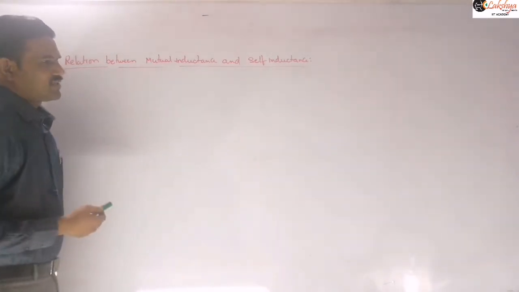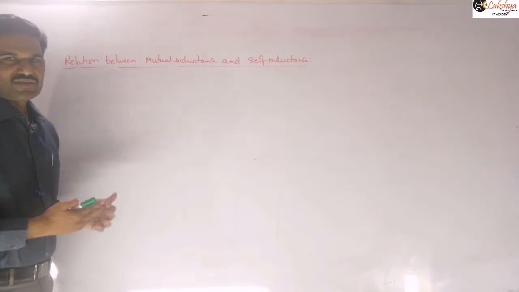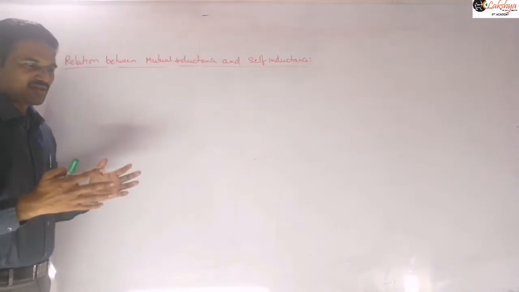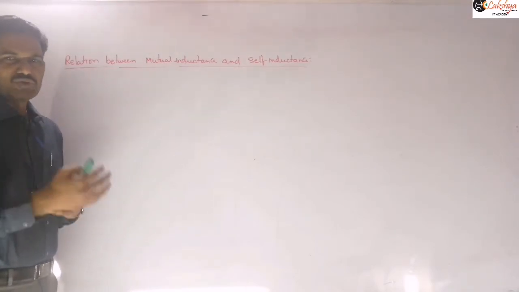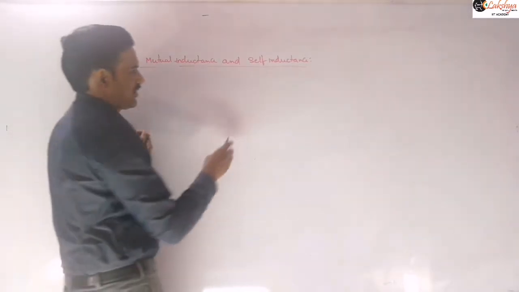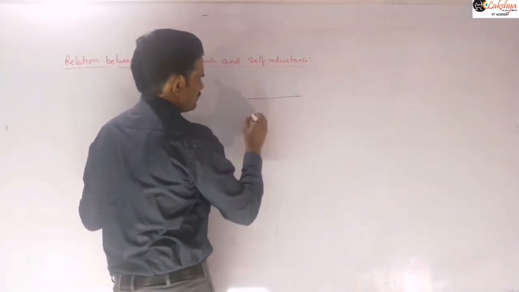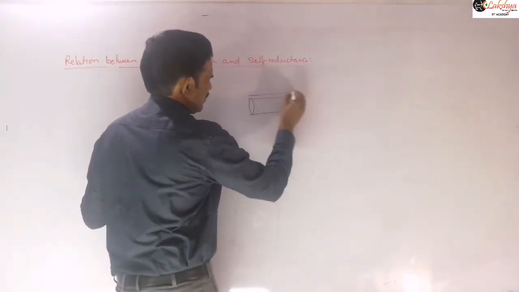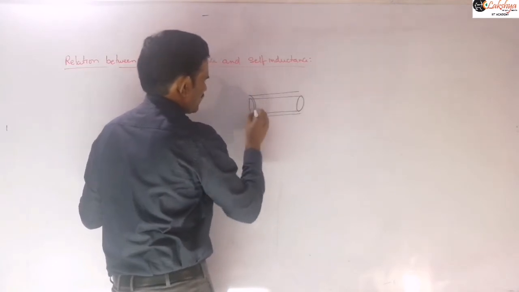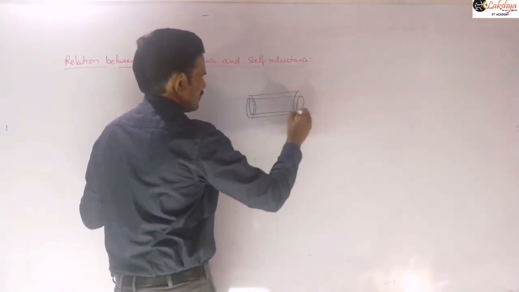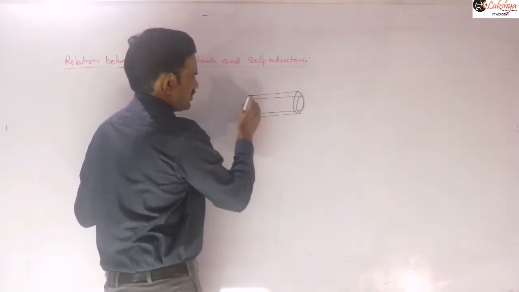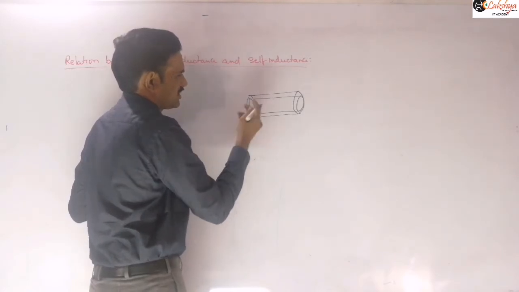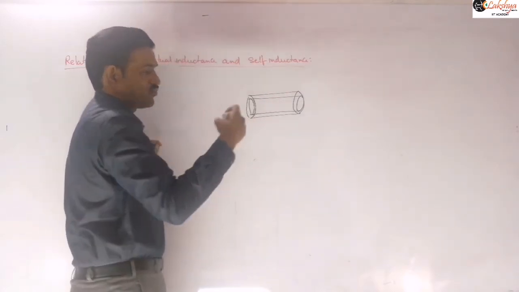And so for that let us consider the two coils are placed very close to each other, or we can say they are tightly bound one above the other. Like if you are taking two solenoids, one is placed inside the other. This is one solenoid, and surrounding it suppose you are placing another solenoid, then whatever the flux passing through this outer coil, that means this gap is not there. One is wound above the other.